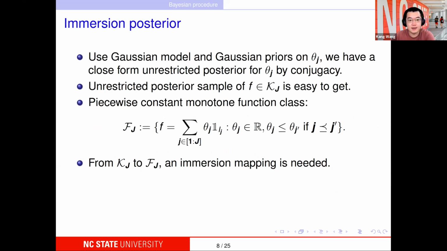As I just said, these Gaussian priors are conjugate, so we can generate unrestricted posterior samples very easily.